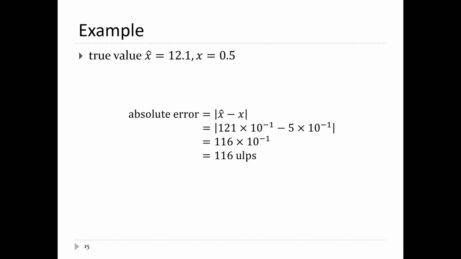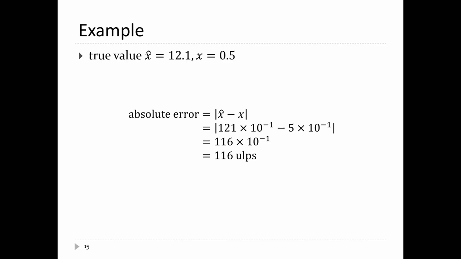So when you're computing the error, you don't want to write out the computed value in its correct format. You want to convert its exponent to minus 1.